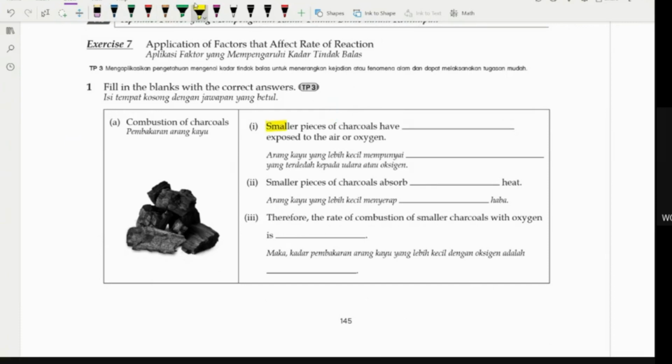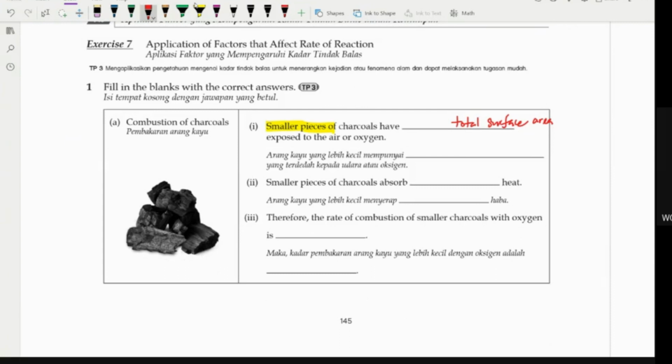Smaller piece. So how about the total surface area, class? What happens to the total surface area if it has smaller pieces?